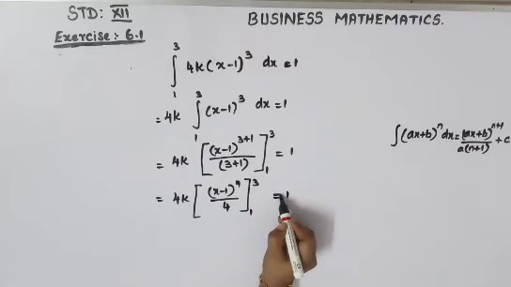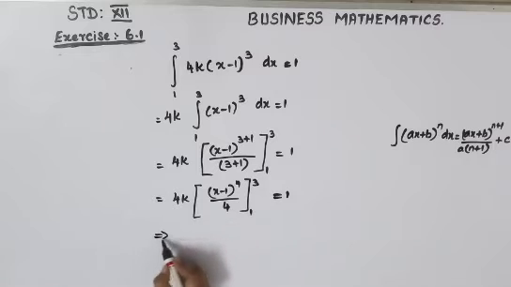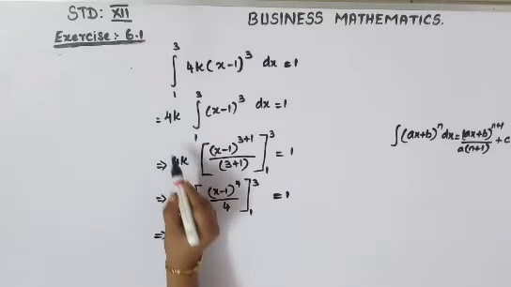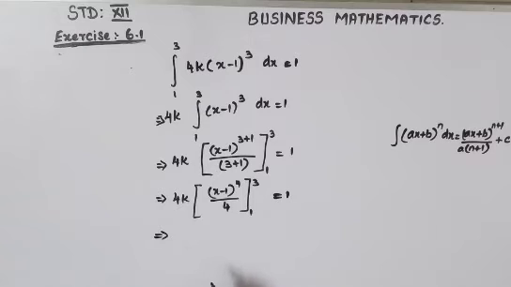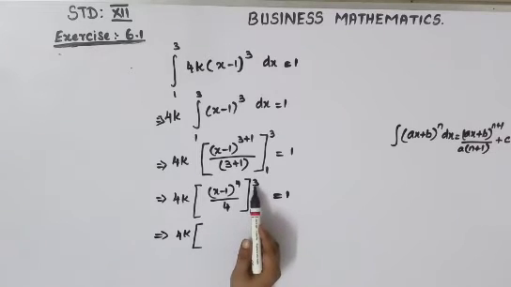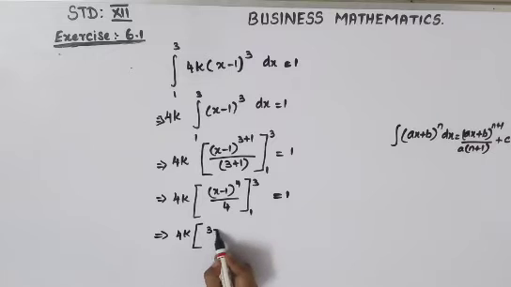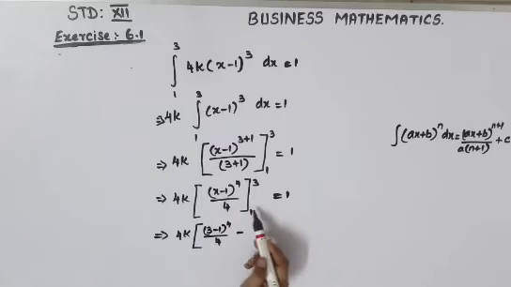Which is equal to 1. Now substitute this. So now substitute your 3 and 1, that is your upper limit minus your lower limit. Okay, so 4k into your upper limit is 3. So (3 minus 1) the whole power 4 divided by 4, then minus, because upper limit minus lower limit.